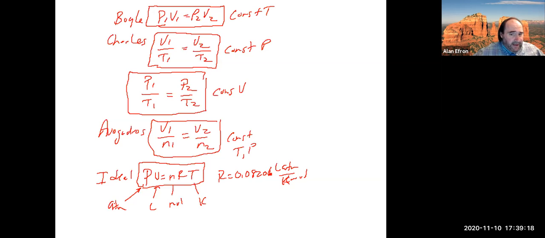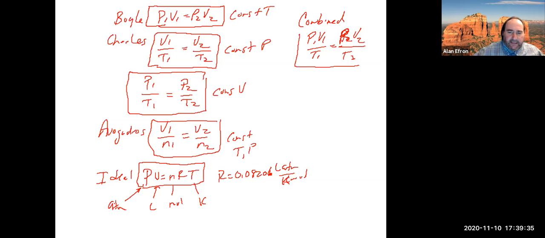We also saw the combined gas law, and that was P1 V1 over T1 equals P2 V2 over T2. And I think that was probably about all of the ones we talked about.